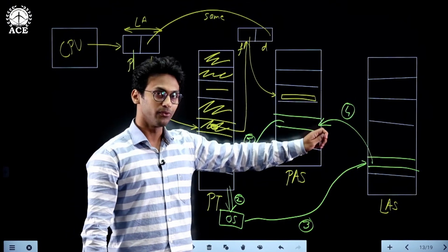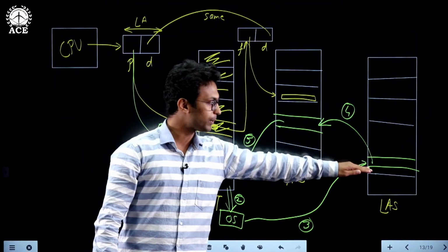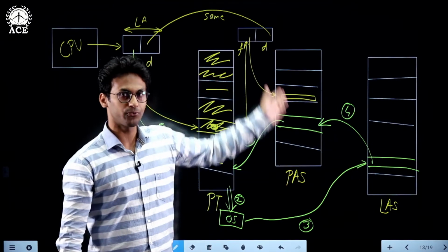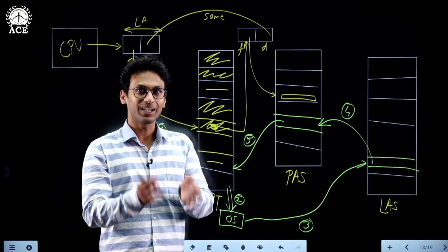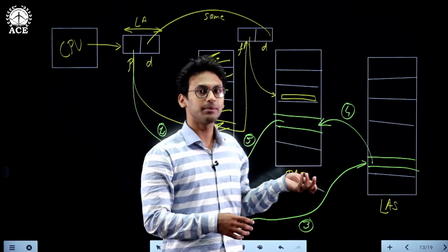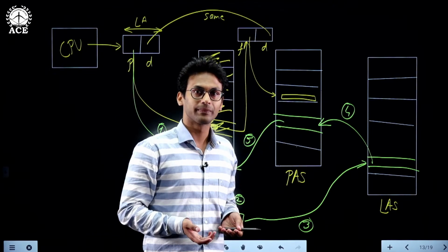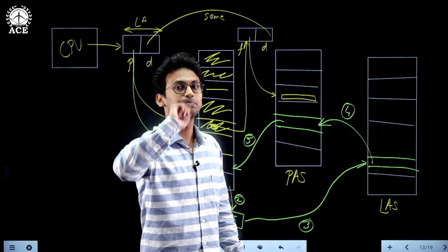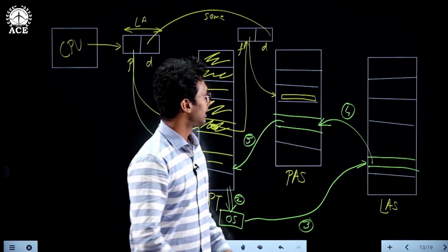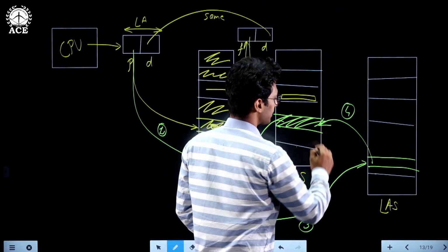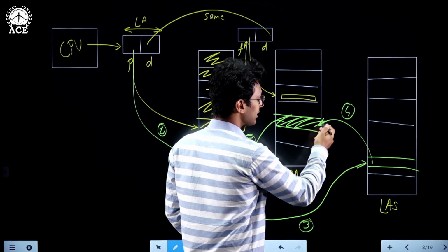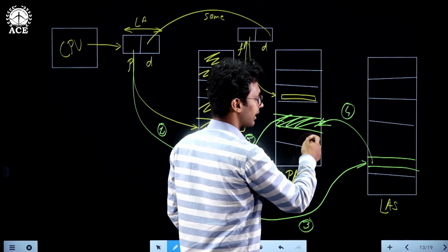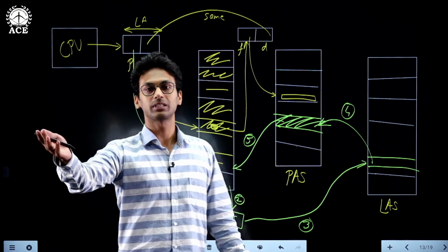Now we have to store that particular page in which slot of physical address space? That question arises. Will we fill any random slot? No. There must be some algorithm. That is called the page replacement algorithm. If something is already filled in a slot, we'll replace it with this particular page. Are you getting it? Page replacement algorithms come into the picture.